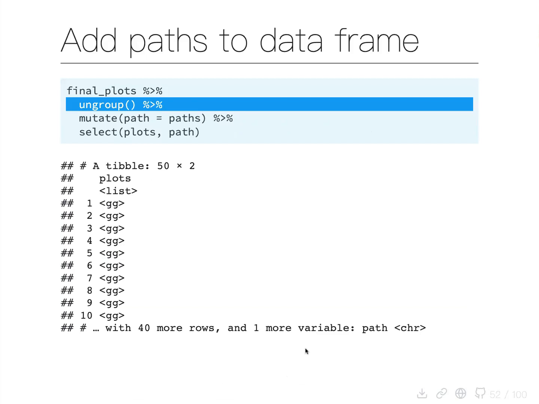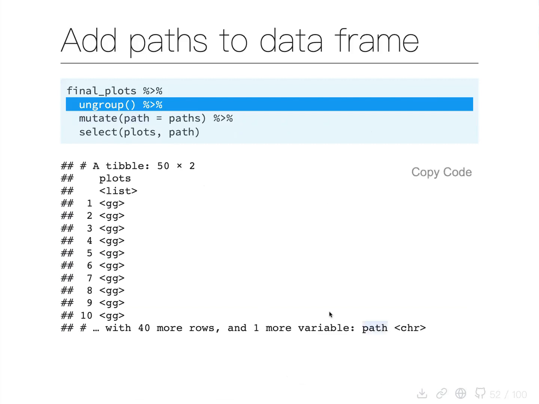So now if I want to do this as a nest_by solution, as I said, it's slightly awkward, I think, because you're working with a data frame when it doesn't really make a lot of sense to work with a data frame, at least to me, just conceptually. But you can do it. So I have my final plots. I'm going to ungroup, and then mutate to create a new column called path.